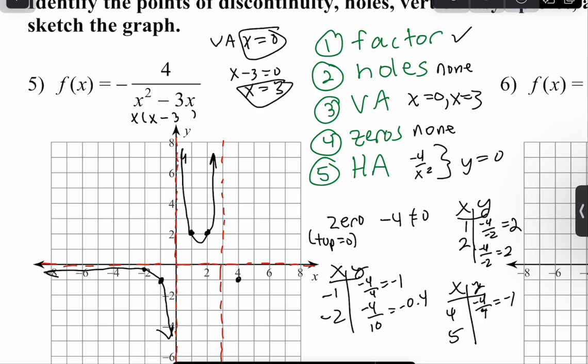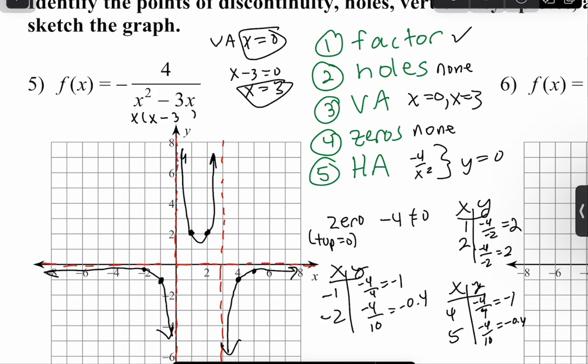If I plug in 5, I get negative 4 over 25 minus 15, or 10. I get negative 0.4. So it's almost a perfect little match of this one right here, but going in the opposite direction. So follow the asymptote, follow the asymptote.